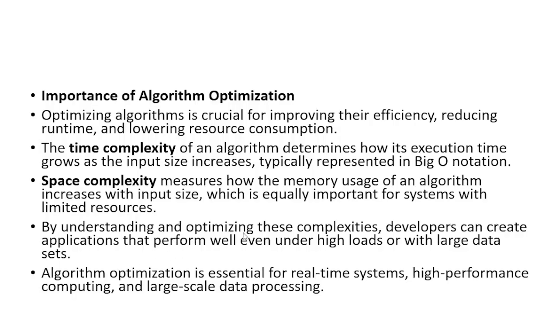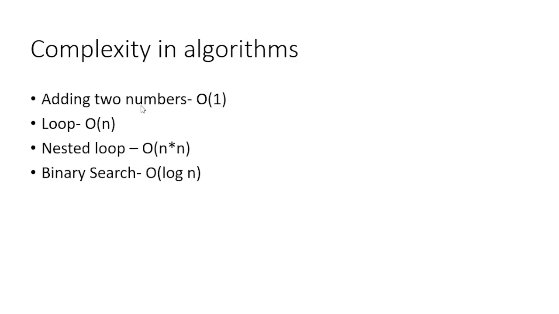When we understand these complexities, time complexity and space complexity, we can develop applications that can perform well. Let's say I have to talk about big O notation. If I am adding two numbers, the statement finally is C = A + B, and it is going to take only one step to execute. Whatever inputs the user might give, I am still going to get two numbers, so it's going to take only O of 1 step.